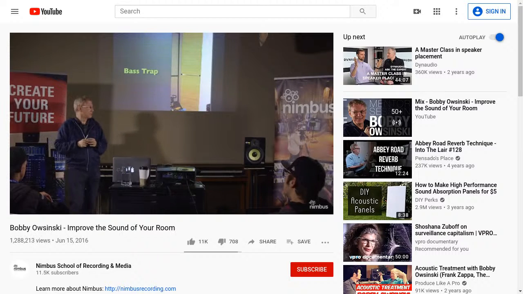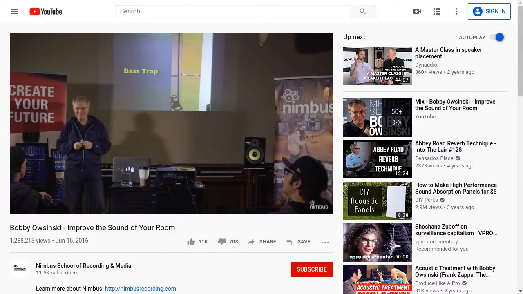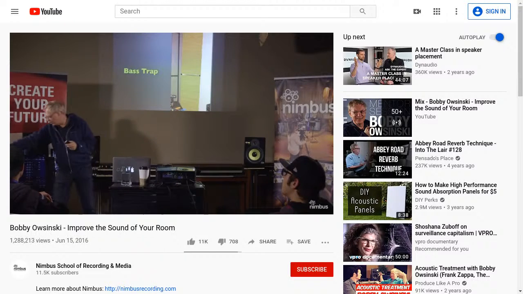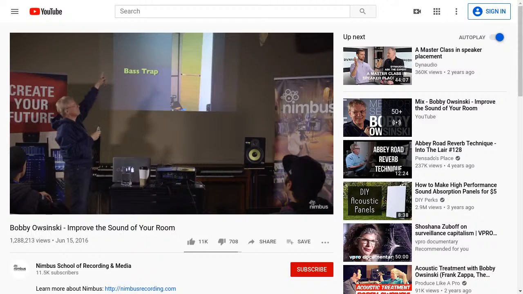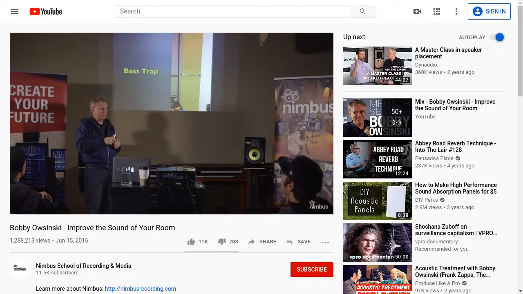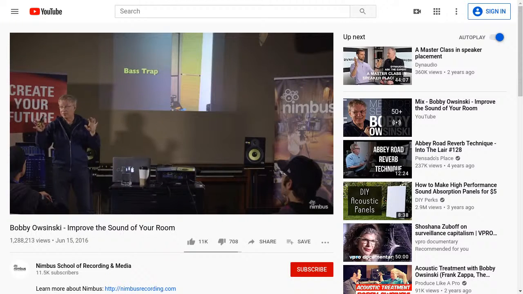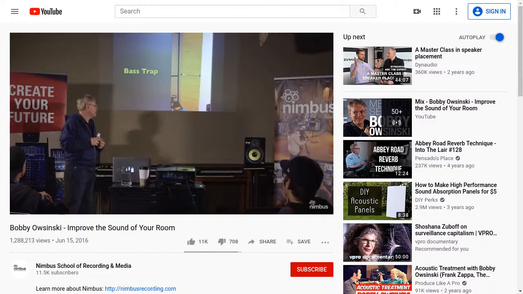And when we think of corners, we think of this corner, right? When we think of a corner, there's more corners. This is a corner. That's a corner. That's a corner. So if we're going to do it right, what we do is we put a bass trap, where we put an acoustic panel, in all of the corners, which looks pretty bad and isn't necessary as it turns out.